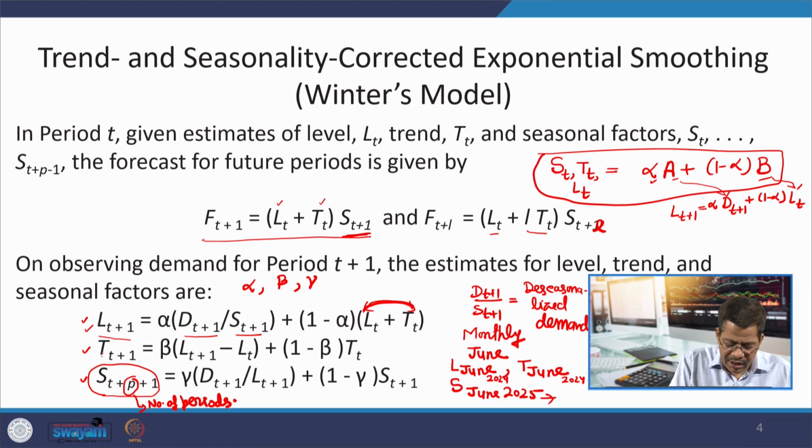So, L and T will be calculated like this, and third, the updating of my seasonal index will be done with the help of gamma times the seasonal index d(t+1) upon the base value, plus (1 minus gamma) times the existing seasonal factor.